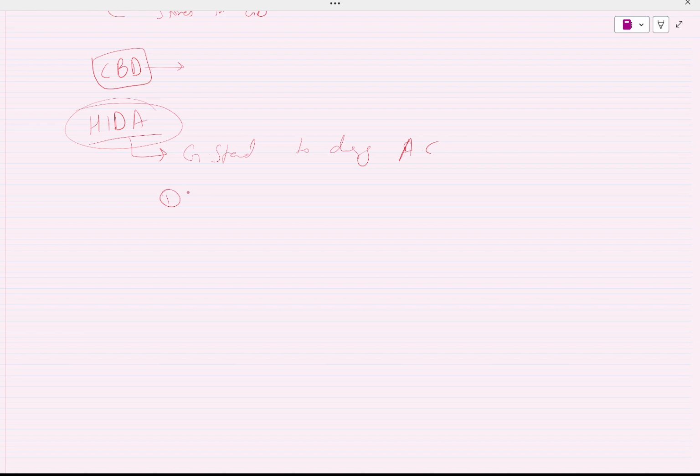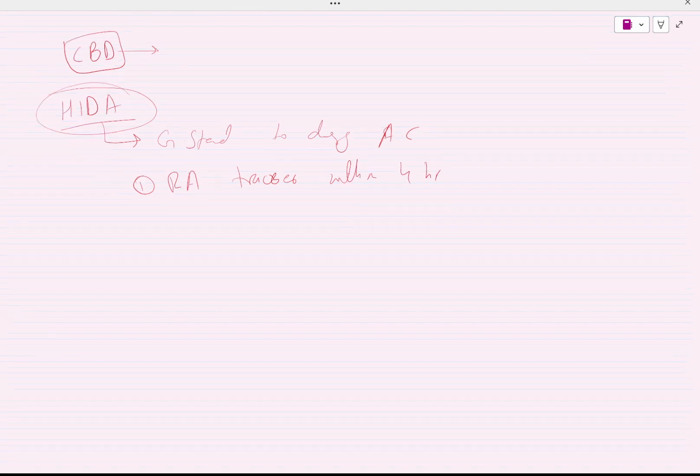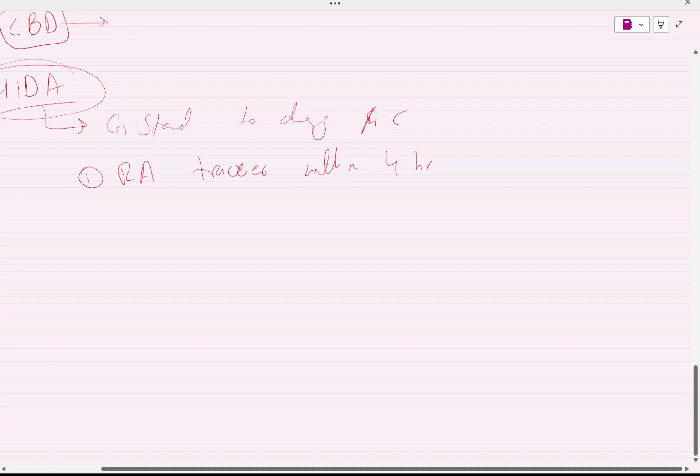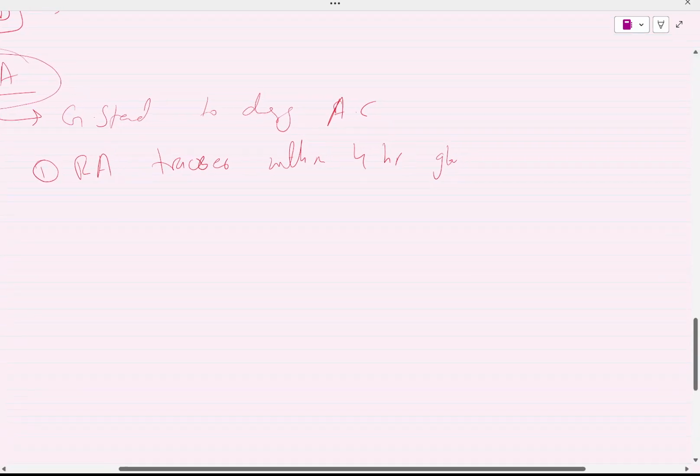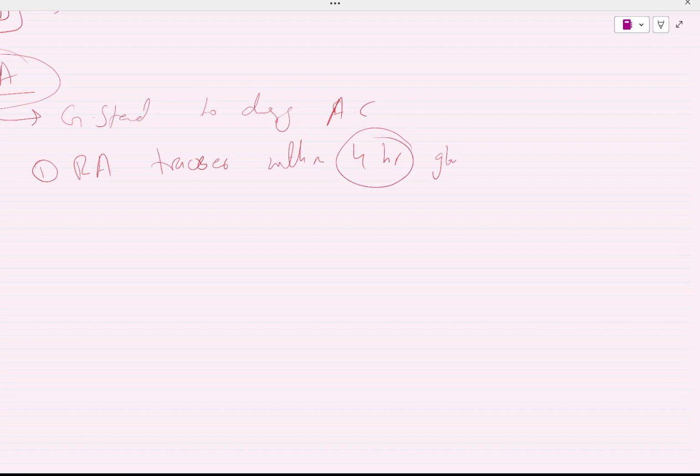When we give a radioactive tracer, in a normal gallbladder, if the gallbladder is normal, it will be visualized within 4 hours.